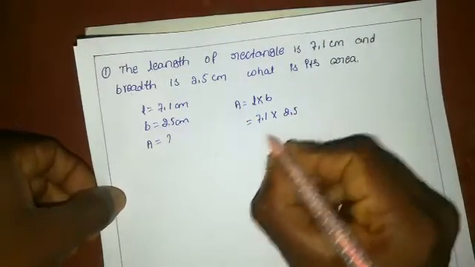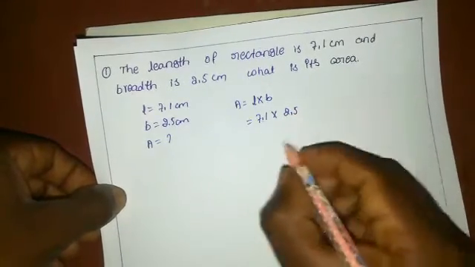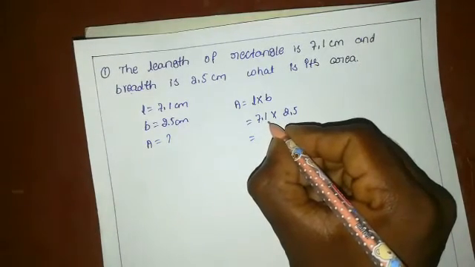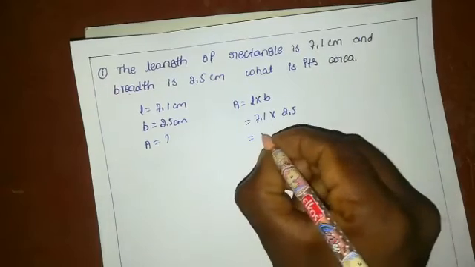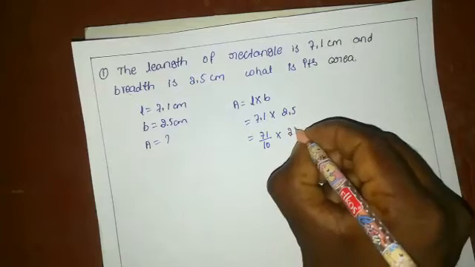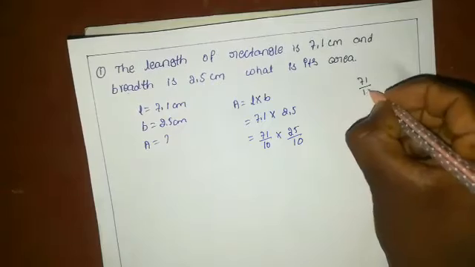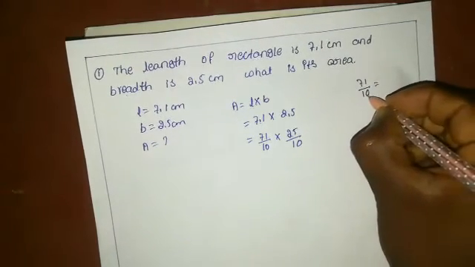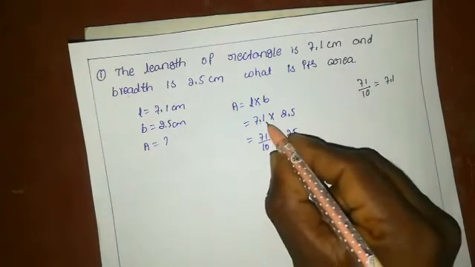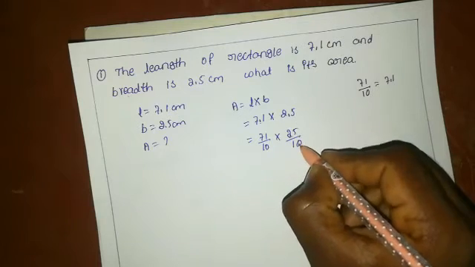It means we have to multiply a decimal number by a decimal. Then how do you multiply a decimal number by a decimal? Let's see. 7.1 we can write as 71 by 10, and 2.5 we can write as 25 divided by 10. Because the denominator has a 1 and a 0, so 7.1 is 71 divided by 10.